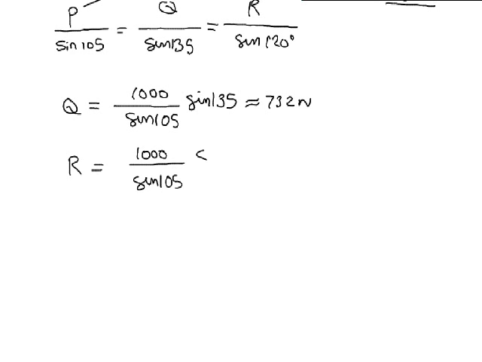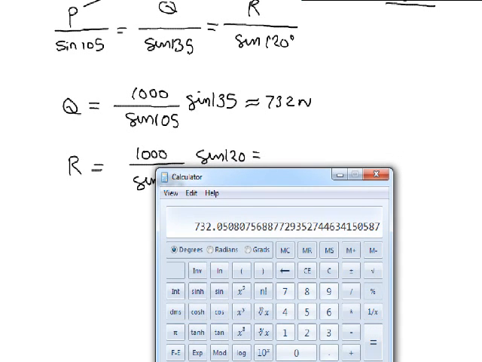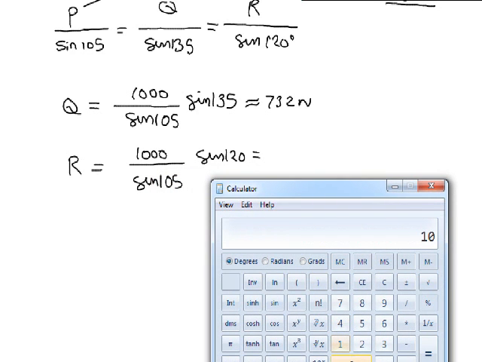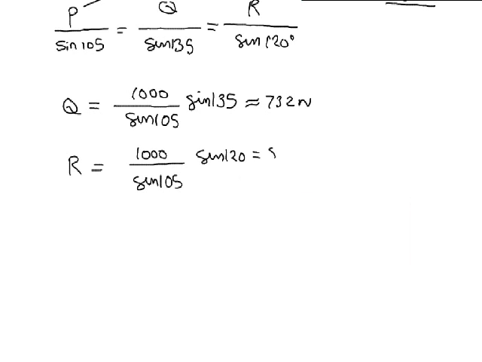Similarly, the magnitude of R is given by 1000 by sine 105 into sine 120. This is equal to, let us try to bring up the calculator again. 1000 divided by sine 105 multiplied by sine 120, this is approximately equal to 896.57.